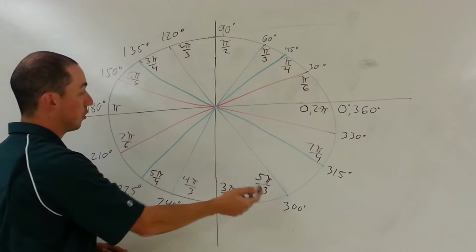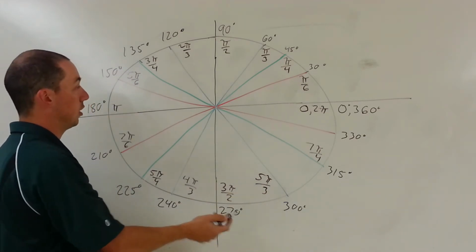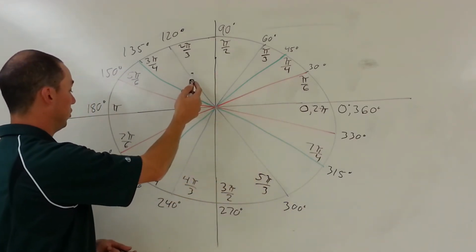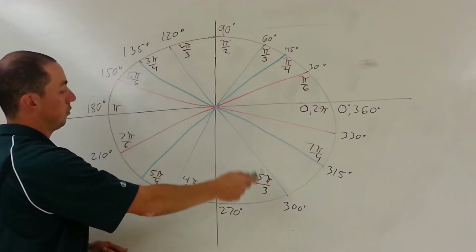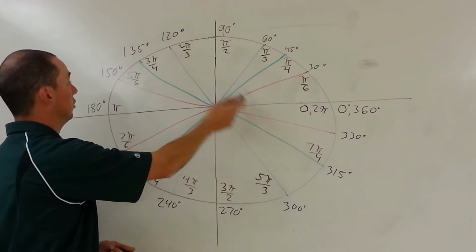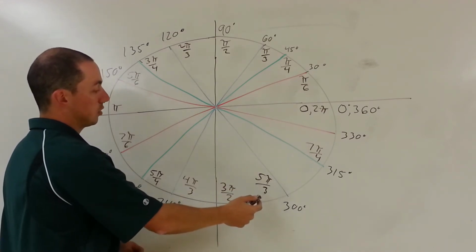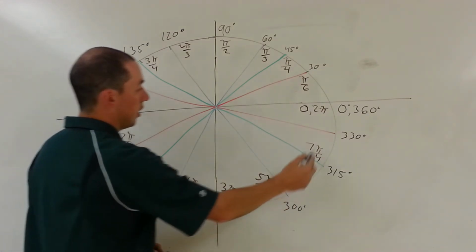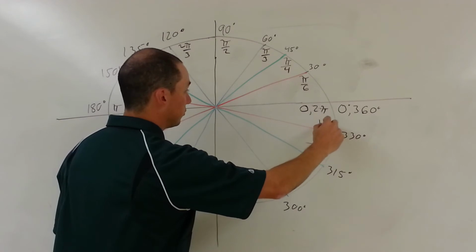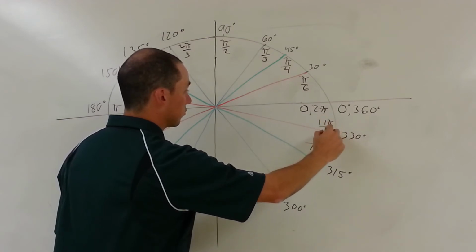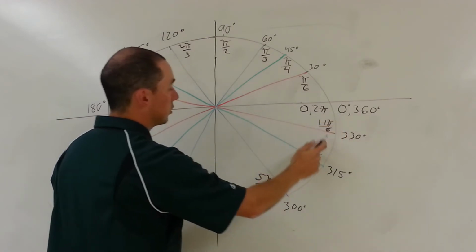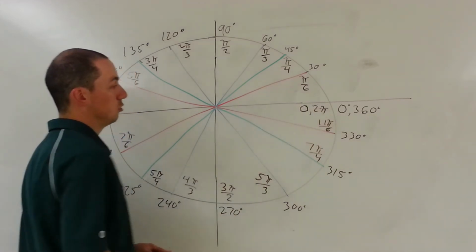This is our fifth 60-degree angle. 1, 2, 3, 4, 5. 10 pi over 6, 30 more degrees, 11 pi over 6, and then 12 pi over 6, or 2 pi.